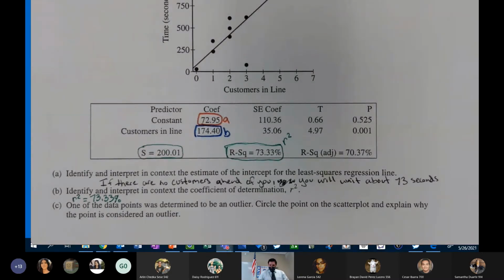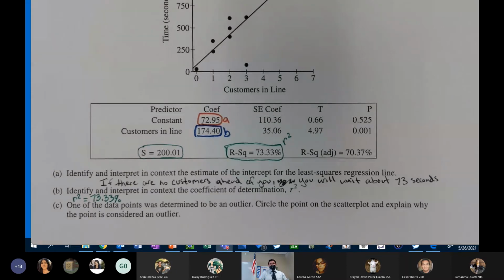The 73.33% indicates that 73.33% of the variability in the times it takes customers to finish checkout, including the time waiting in line, can be explained by knowing how many customers are in the line in front of the selected customer.